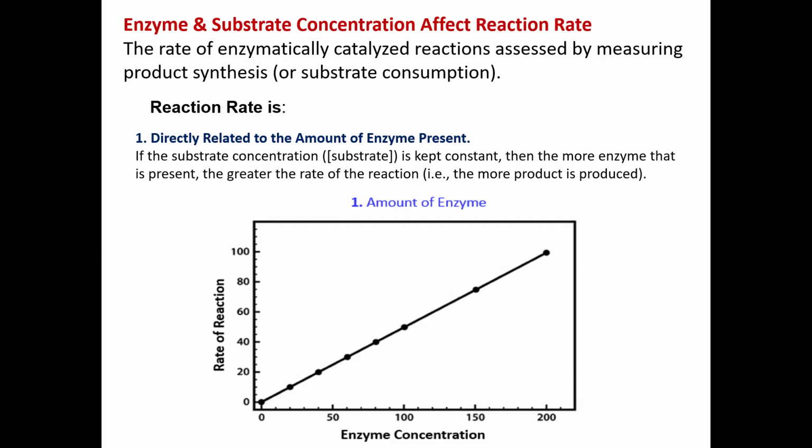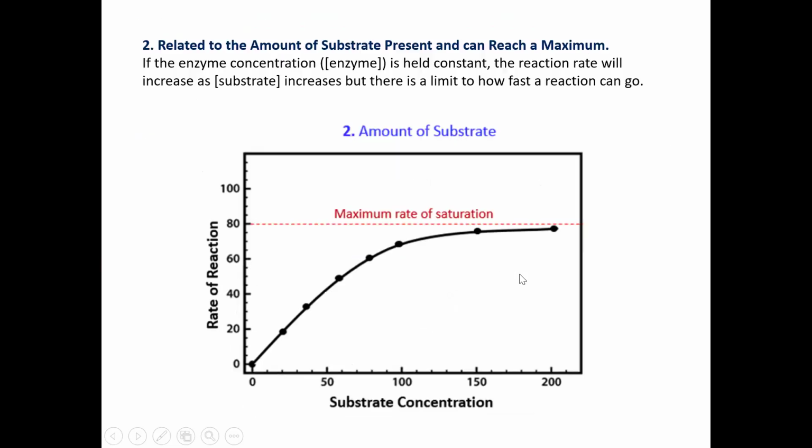So there is going to be a greater reaction occurring, and more product will be produced. If you look at the chart here, the rate of reaction will increase with the increase in enzyme concentration, provided that the substrate concentration is kept constant.